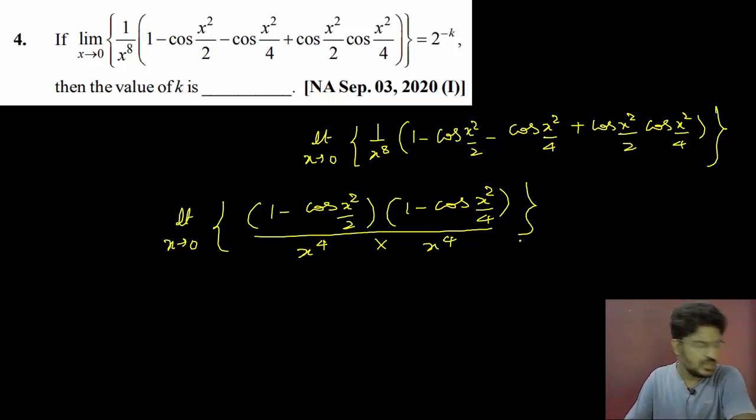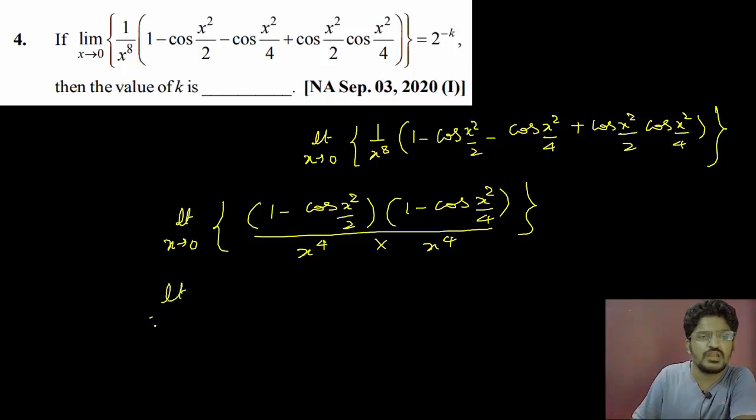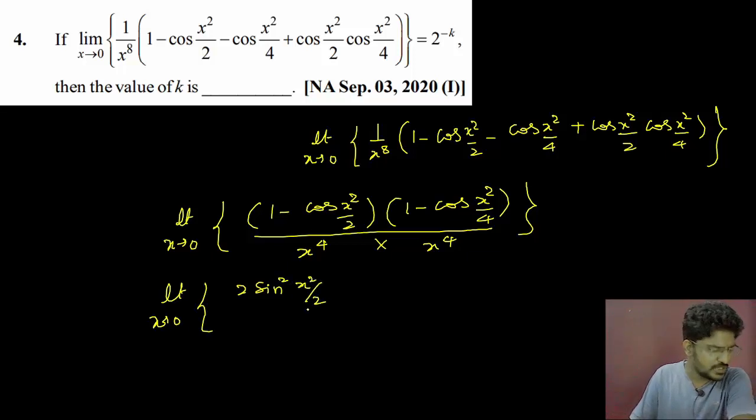Okay. Now we can separately simplify them by using the formulas of trigonometry. That will be 1 minus cos x square by 2 is nothing but 2 times sine square x square by 2, that will be divided by 2 means that will be 4. That is sine theta by 2 formula.